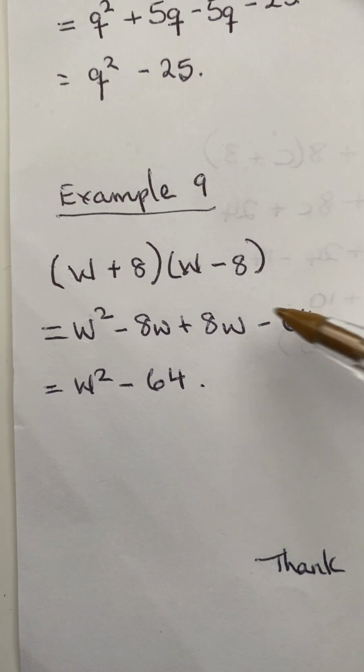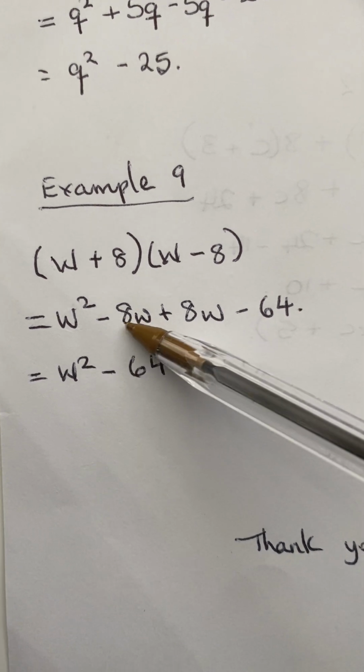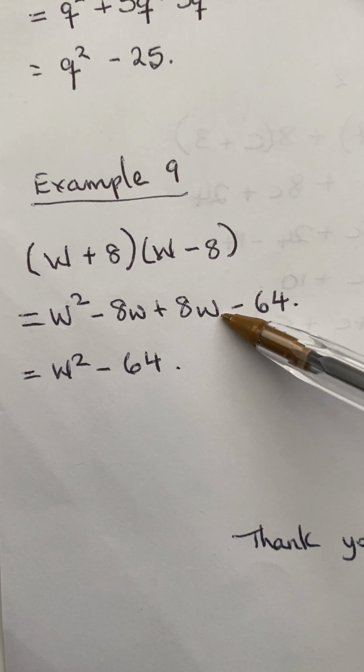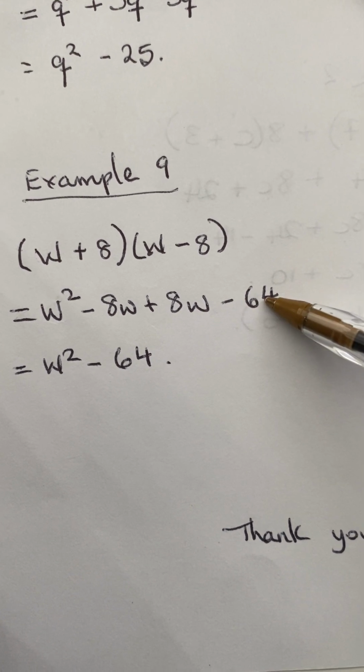Now we have w squared minus 8w plus 8w, which is 0, then minus 64.